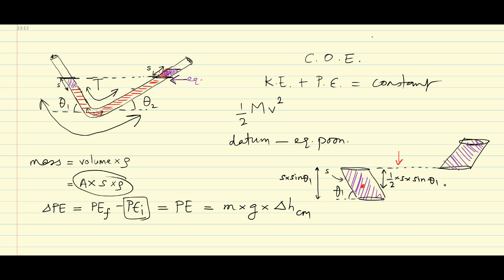So that tells you how much below the dotted line the CM originally is.